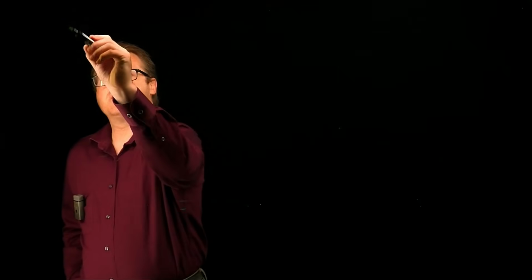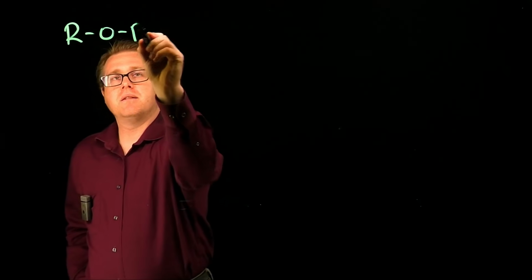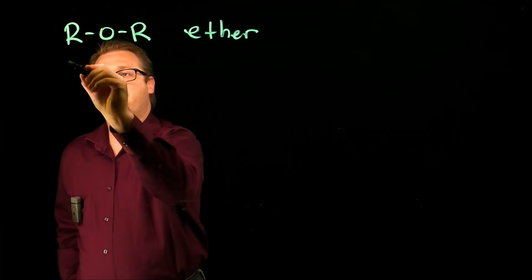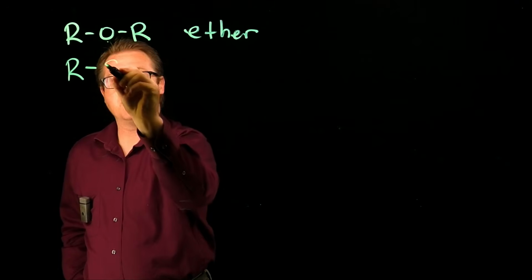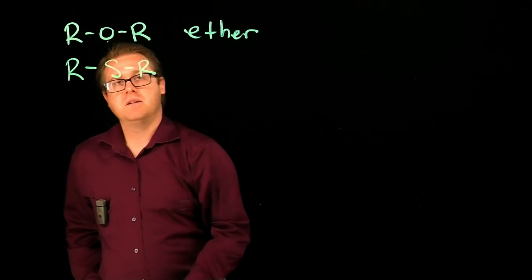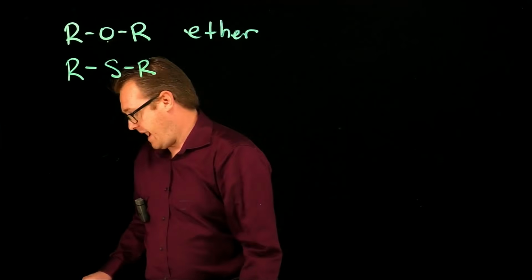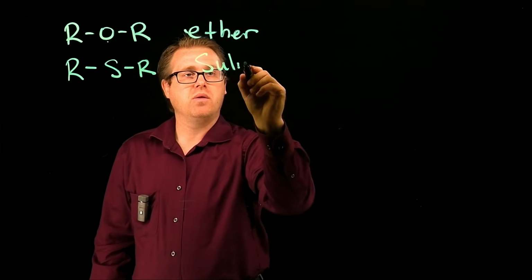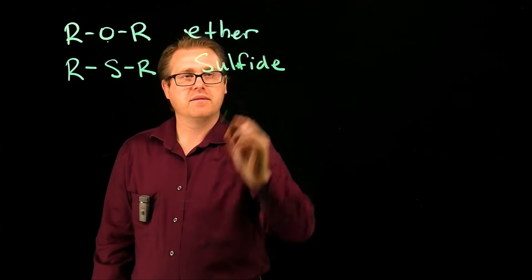So if this is an ether, and if we replace that oxygen with a sulfur atom, like that, what we have is called a sulfide. Sulfide. Okay.